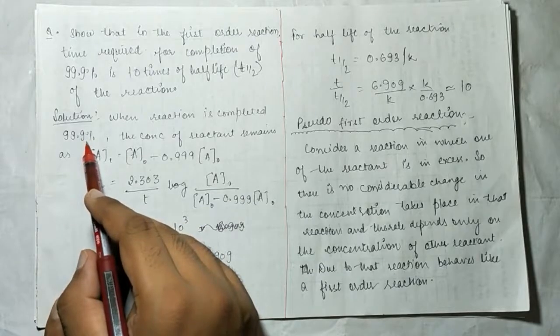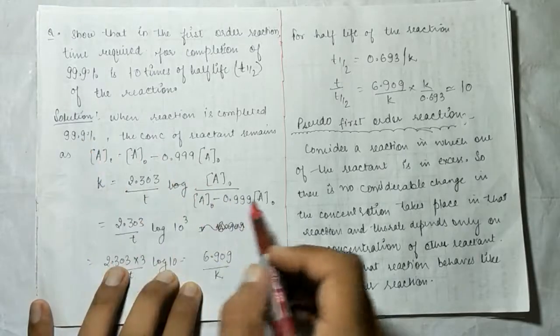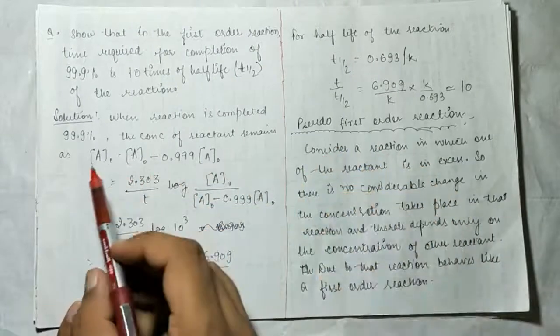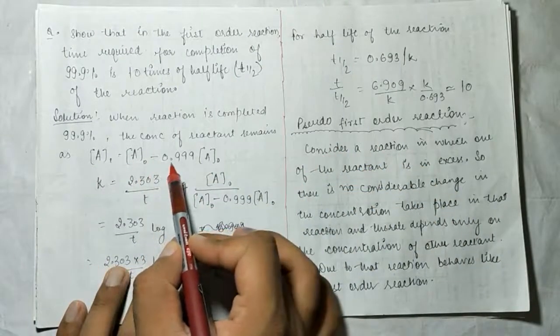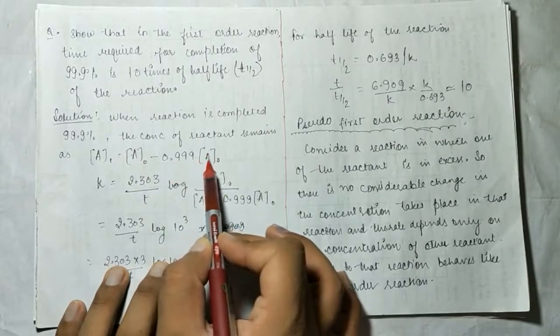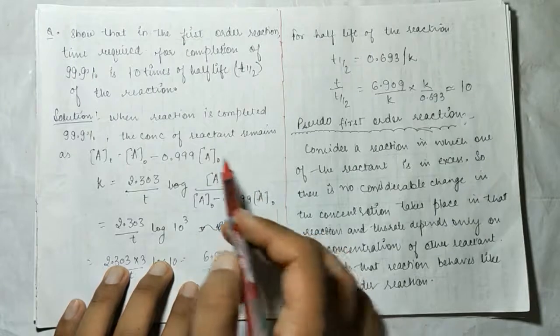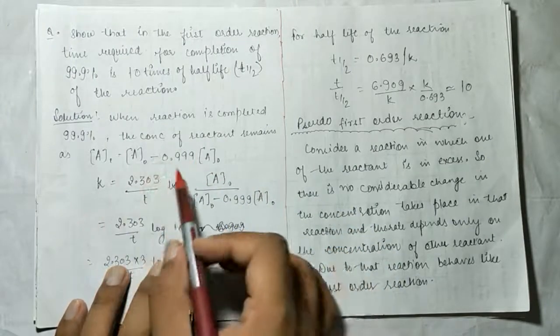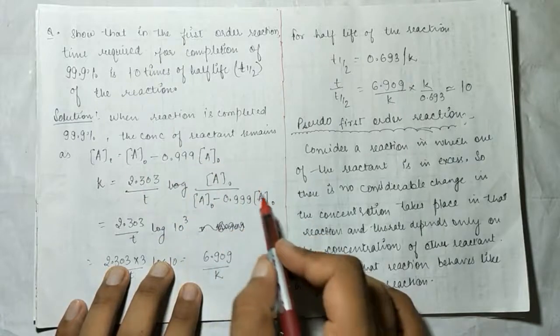as 99.9% of the reactant has converted into product, so we write here the remaining reactant. Okay, and the remaining reactant will be the initial concentration minus 0.999, which is the fraction of A naught that is converted into product, so the remaining will be 0.001 A naught.